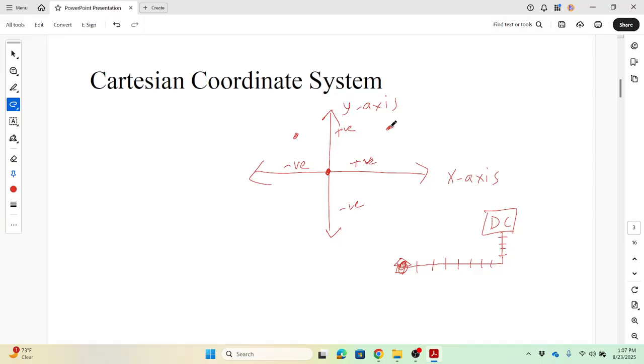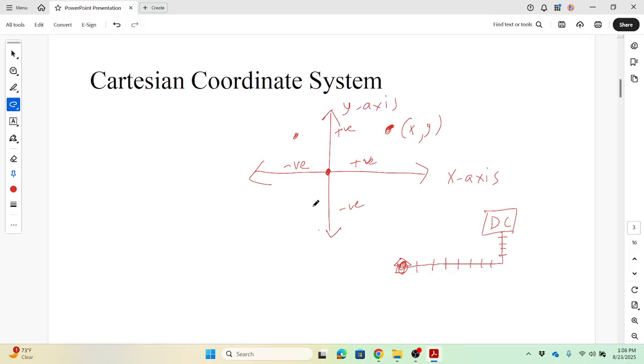That's the reason in this system, to find a point, you need two pieces of information: the x coordinate and then the y coordinate. The x coordinate tells you from the origin whether you have to go right or left, based on whether it's positive or negative. The y coordinate tells you whether you have to go up or down.